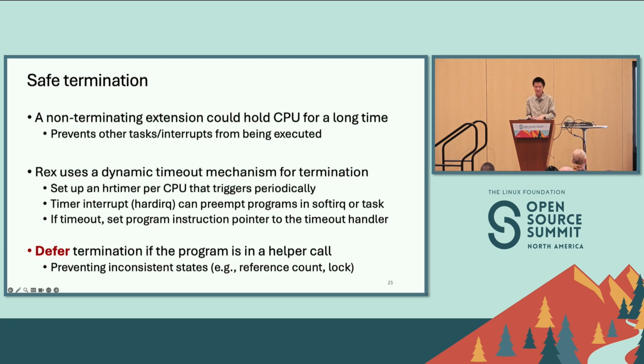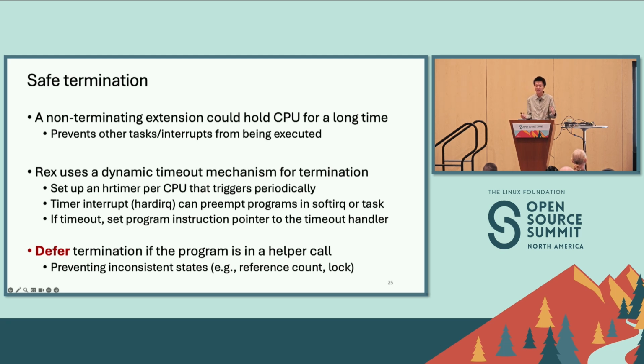Because those timer interrupts run in hard IRQs, they can preempt programs running in soft IRQ or task contexts. And if there's a timeout, the Rex runtime will set the program instruction pointer to a timeout handler inside the Rex kernel crate, which will in turn trigger a Rust panic to terminate the program.